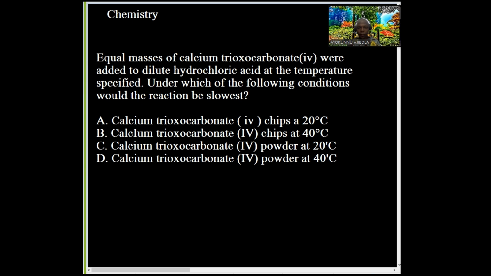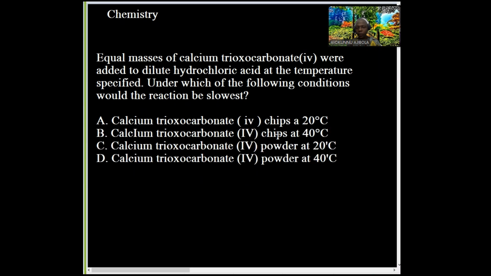What they are trying to test here is whether you know the factors that affect the rate of reaction. When you increase the surface area of a reactant, the frequency of collision increases. Therefore, that will increase the rate of reaction. So the powder at 40 will be faster than the chips at 40.